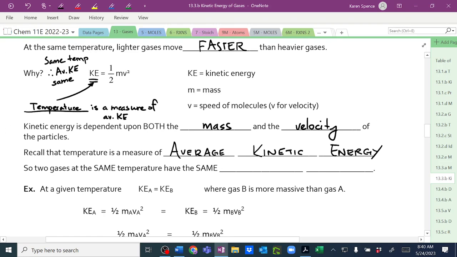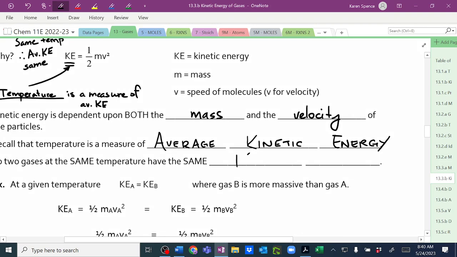So 2 gases at the same temperature have the same kinetic energy.